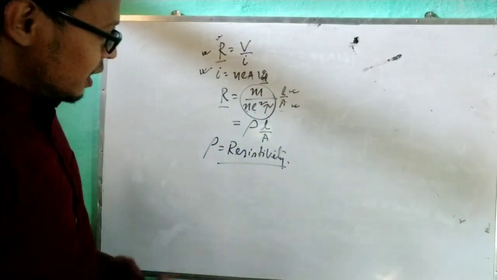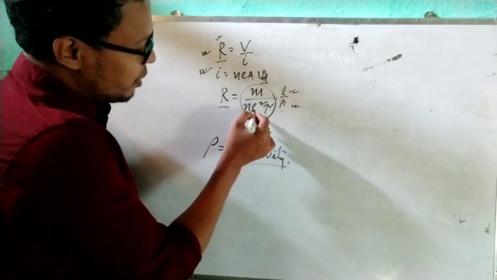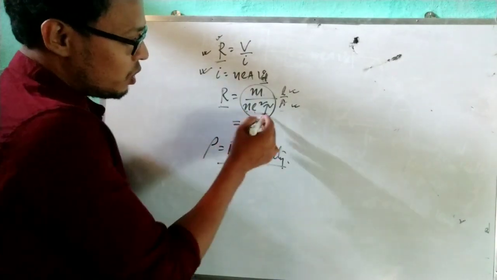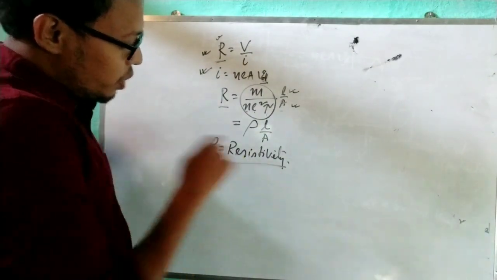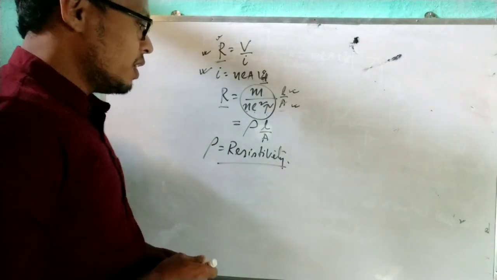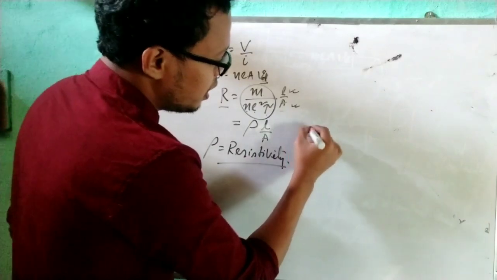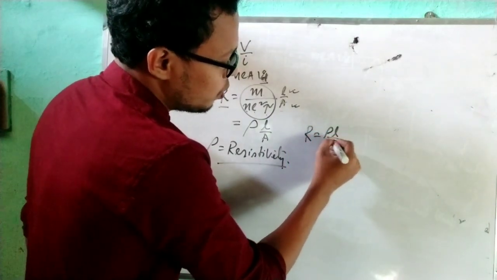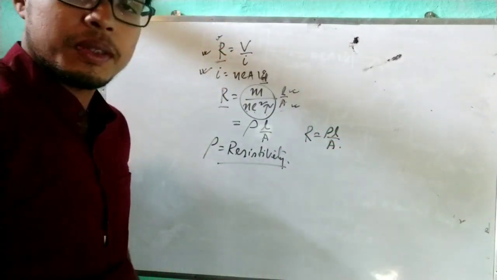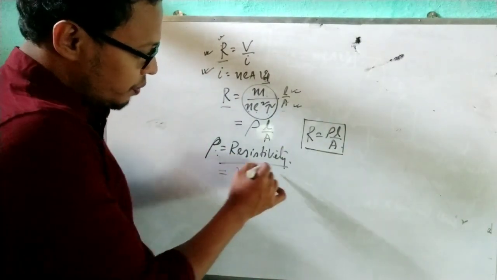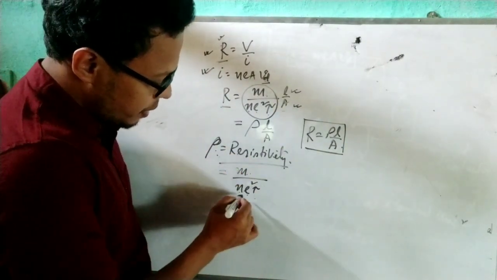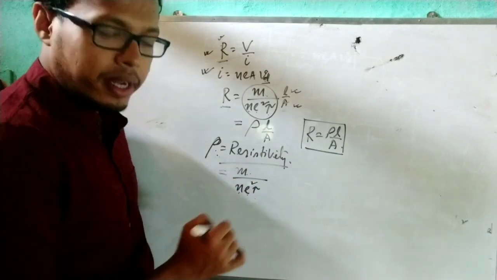This resistivity will change when the number of electrons or tau changes. Now we got one new relation, R equals rho L by A, where rho is the resistivity and the formula for resistivity is m upon n squared tau.